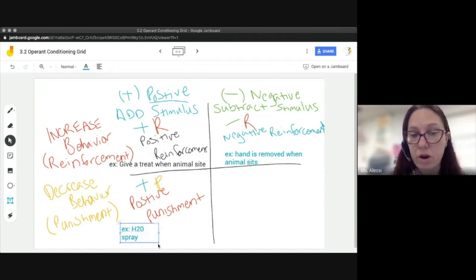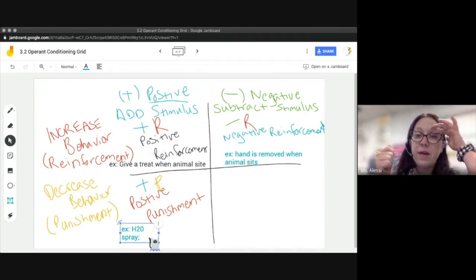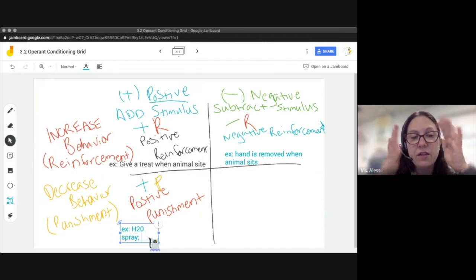So a water bottle, water spray. How many of you have invisible fences, right? Your animal gets shocked by the fence, and that is one of those a little bit. You add the stimulus of getting shocked, and so it wants to decrease that behavior.